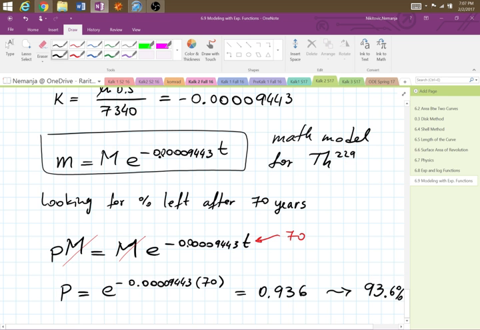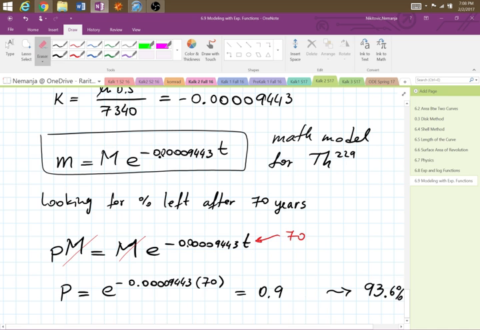It could change a little bit, but it's going to be 97% maybe. 99%? Nice. So e to the answer times 70. 99.3%.